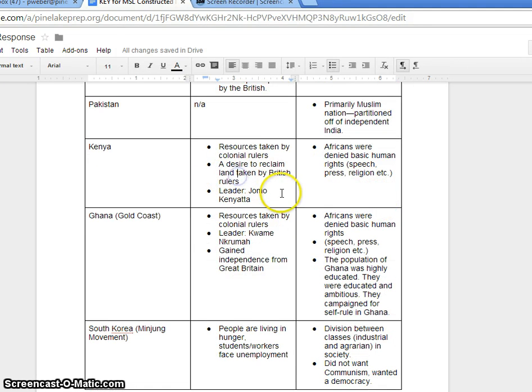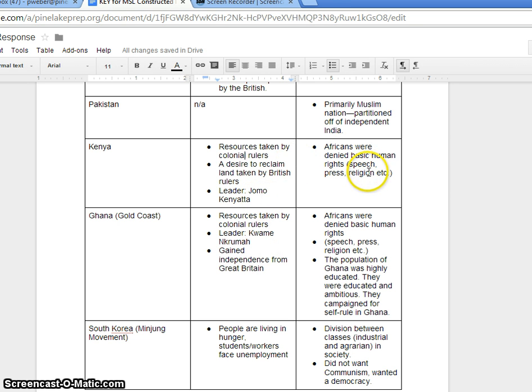Next, we see Kenya, and as we've talked about in the past, and this will go for both of these, they didn't like the way that they were treated by their colonial rulers. For example, their resources were taken by their rulers. They didn't get to partake in the profits for that. They didn't get a say in their government. They were looked down upon by their rulers. Think the white superiority that was displayed.